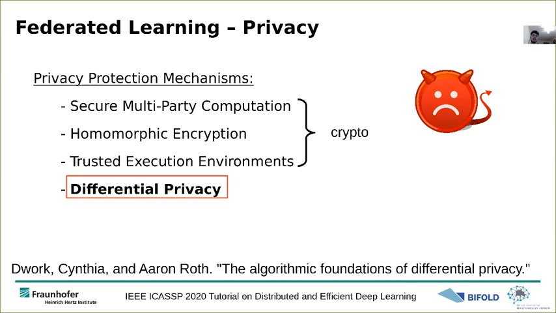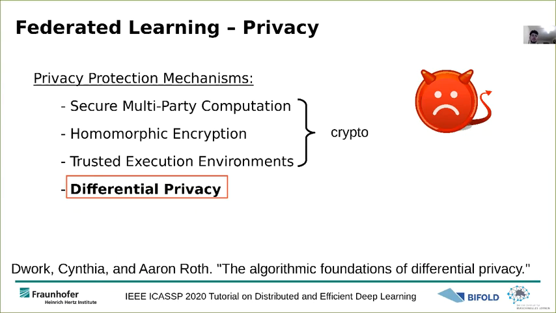And there's another group of methods which is based on differential privacy, and this is the approach which is actually favored by Apple and by Google in their commercial federated learning systems. And I believe that this is a very elegant way of quantifying privacy loss.